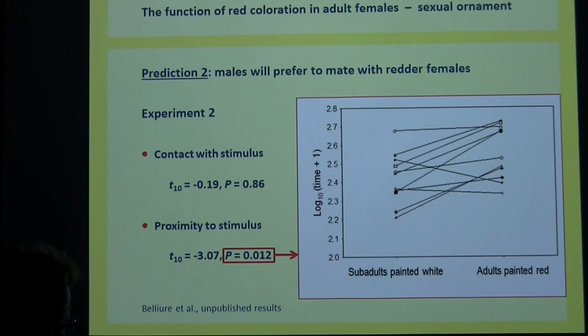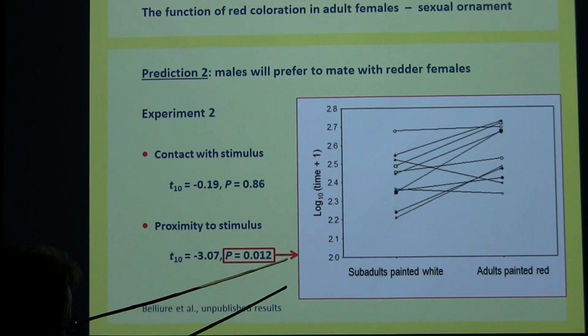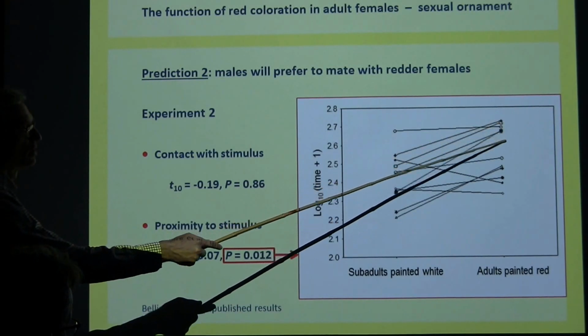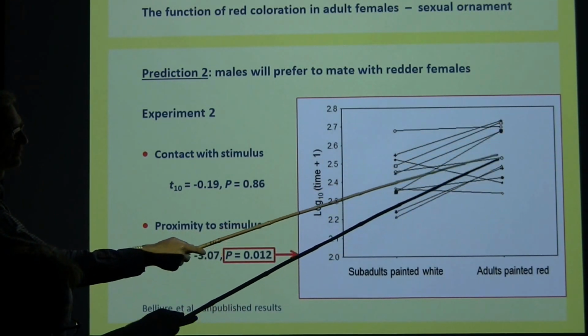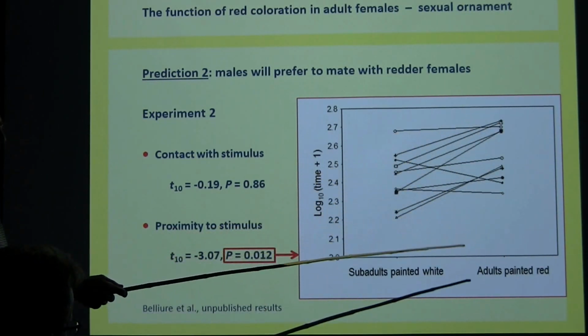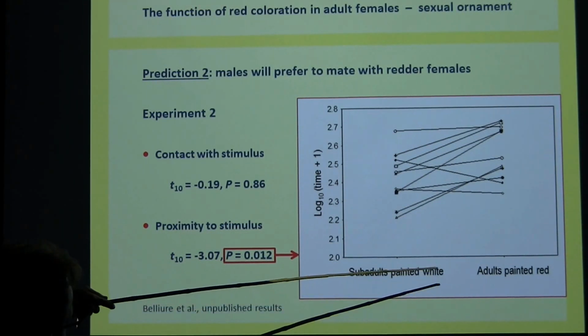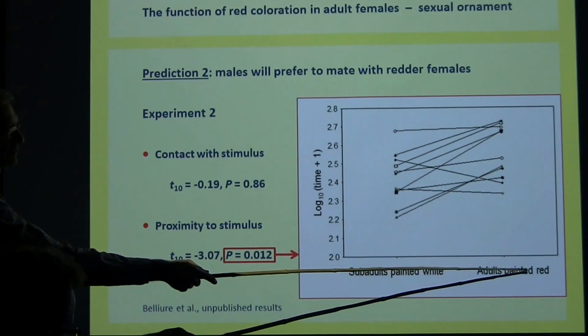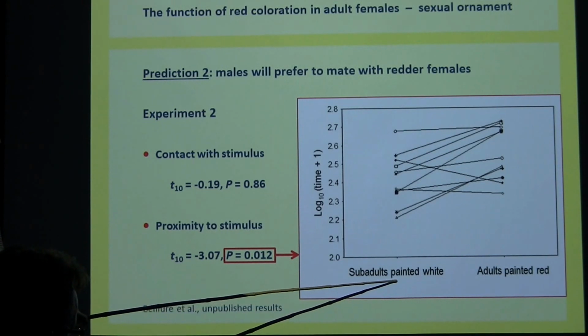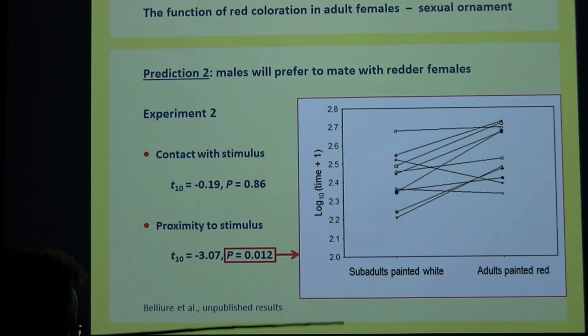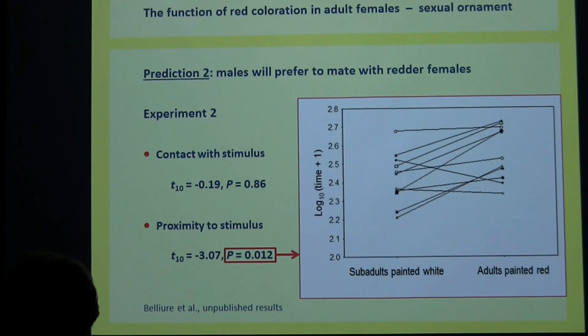In experiment 2, males spent more time close to adult females painted red. So males preferred large red females instead of small white ones. So in both experiments, regardless of the color of the females, males always prefer the large female, the adult female, instead of the small sub-adults.